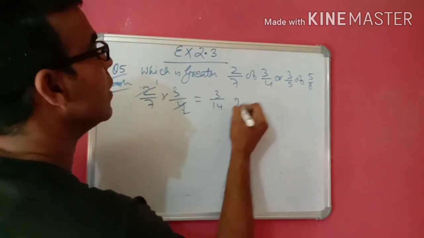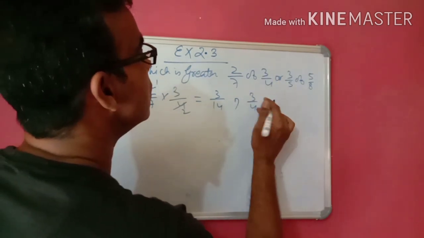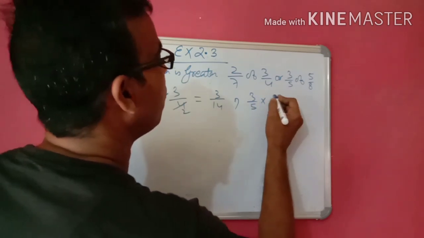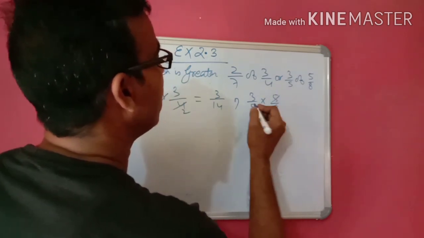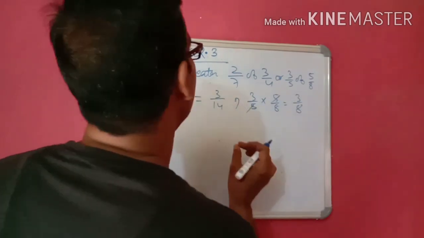And here 3 by 5 multiplied by 5 by 8, 5 cancels, it will be 3 by 8.